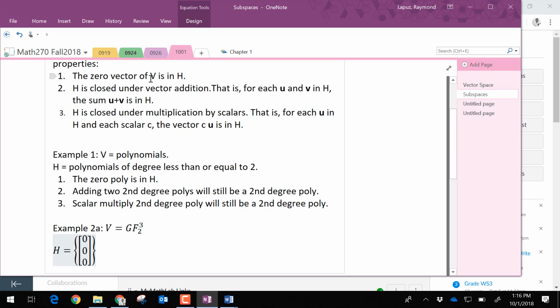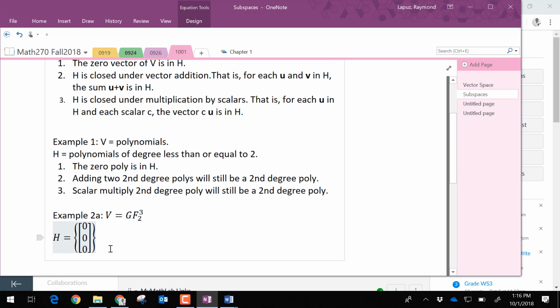Is 0 in there? Yes, that's the only one. If I add 0, 0, 0 plus another vector in there, like 0, 0, 0, is it still going to be in there? Yes. And then if we scalar multiply 0, 0, 0 times 0, or 0, 0, 0 times 1, is it still going to be in there? Yes. So this is, in fact, a subspace.